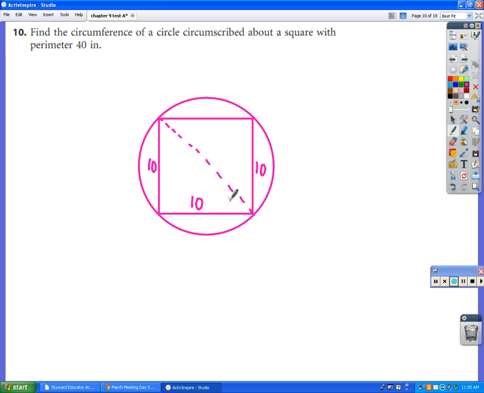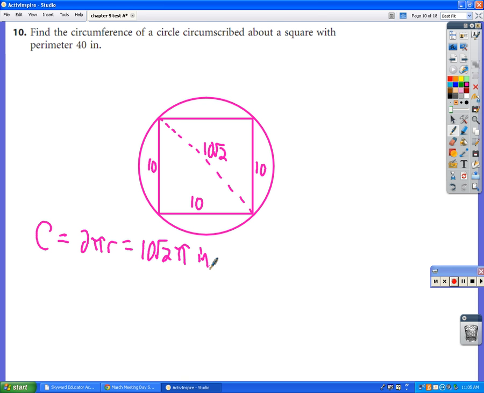So if these are both 10, the diagonal or the diameter is 10 root 2. And then the formula for the circumference of a circle is 2 pi r. And what's the radius if the diameter is 10 root 2? 5 root 2. So 2 times that is 10 root 2 times pi, which you can leave like that, or you can multiply that out.